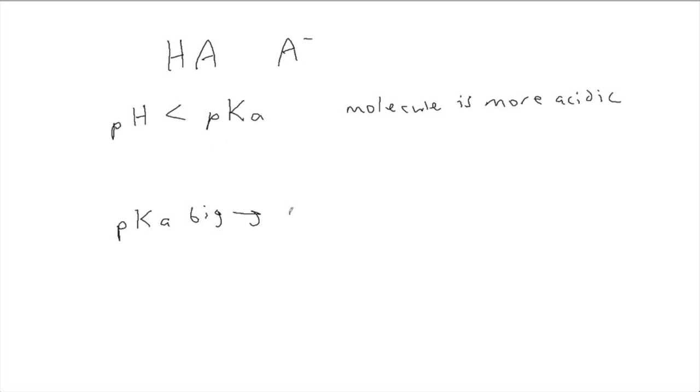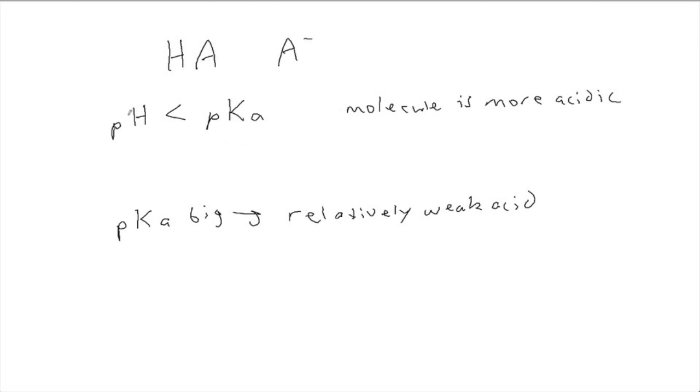It means we have a relatively weak acid. Right. Remember, that's because the pKa is the negative log of the Ka. So the bigger the pKa is, the smaller the Ka is. They move in opposite directions.